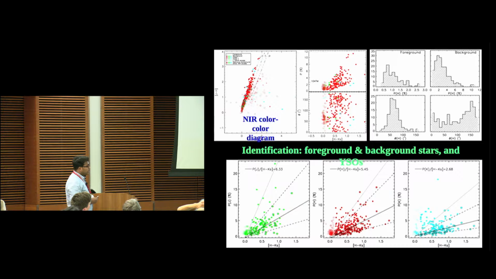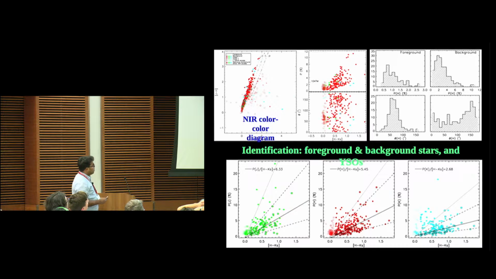To get a cleaned sample, we exclude the intrinsically polarized interstellar objects. Using these diagrams, we see that the foreground stars clearly show a single component of magnetic field orientation around 65 degrees, and the background stars show magnetic field orientation between 0 and 180 degrees. That means they are randomly oriented, unlike the foreground component.